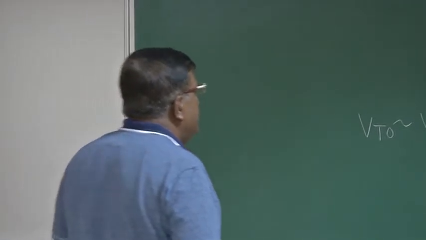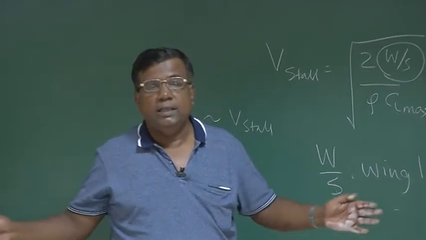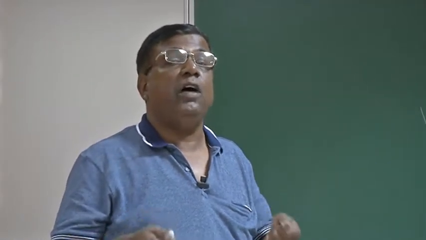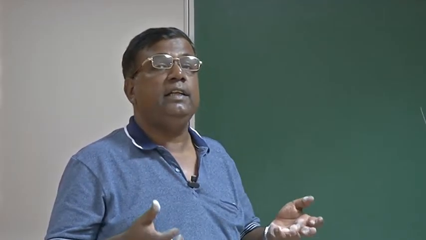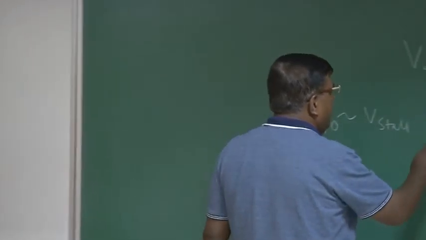But there is a problem. If I increase S to a large size, the drag also will increase. The moment drag increases, the engine power required to maintain the drag also increases, so that again increases the weight. So this W by S goes on an iteration cycle. So one thing we should understand, the wing loading is very important.